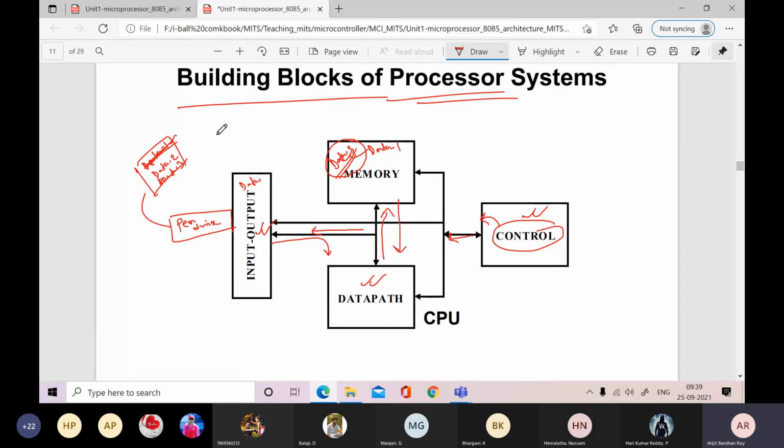So roughly, I can say this is the working principle of any processor, and this type of processor is called a CPU, Central Processing Unit.